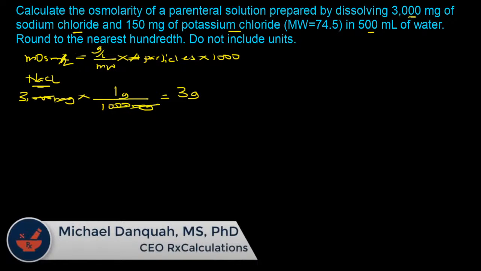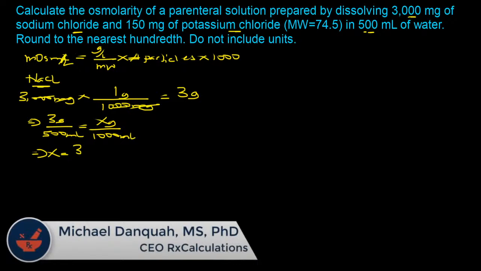But this 3 grams is in 500 milliliters. And we need grams per liter. So for thoroughness, we will set up a proportion to determine how many grams would be in 1,000 milliliters. We can actually just know that 1,000 is twice 500 and multiply by 2, but let's go through the full solution for completeness.